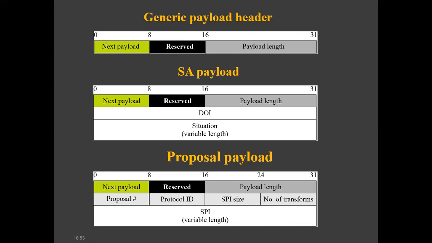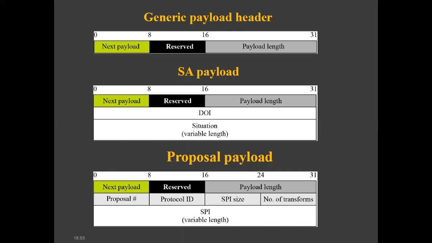The parameters for negotiation are sent in the transform payload that follows, because each proposal payload is followed by one or more transform payloads that give an alternative set of parameters. Now in this proposal payload we have different fields, like the proposal number. The initiator defines the number for the proposal, so that the responder can refer to it.